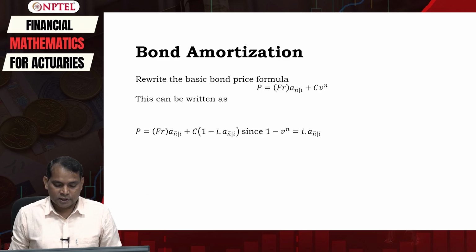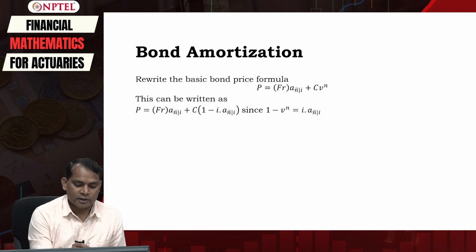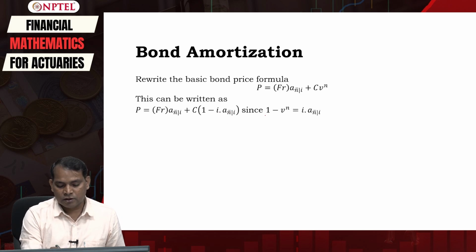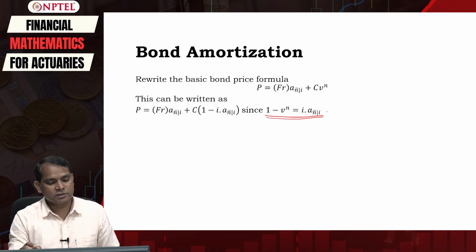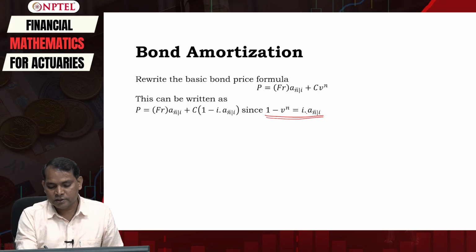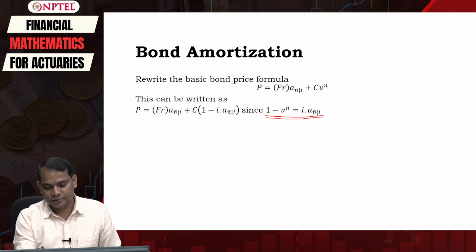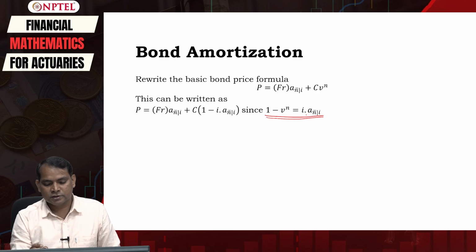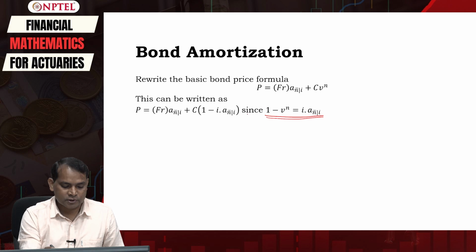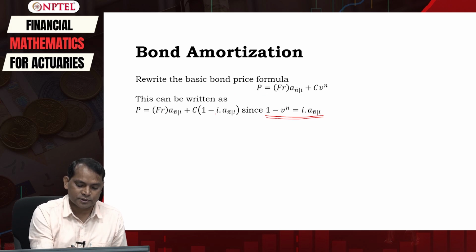This can be rewritten as P = FR a angle n at i + C(1 - i a angle n at i), because we have already understood while discussing loan amortization that 1 - v^n is nothing but i times a angle n at i, the loan balance, due to our unit installment.